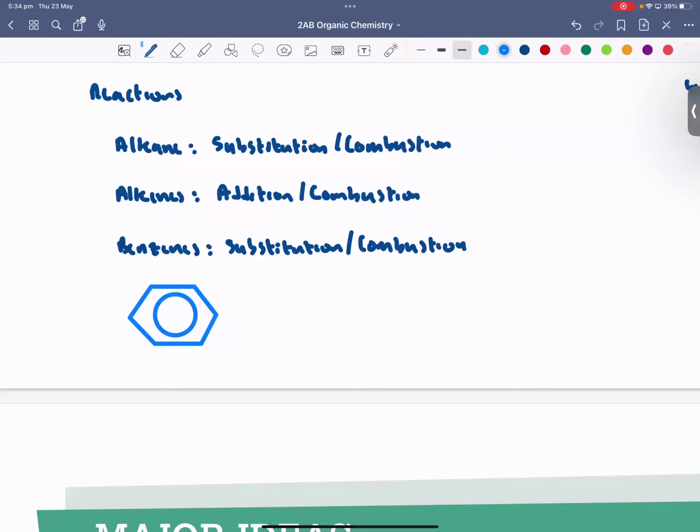What are these actually? Intermediate bonds. They're not single bonds, they're not double bonds, they're intermediate bonds. They're actually made of pi bonds and sigma bonds, in case it comes up in multi-choice. But the point is, they're not true double bonds, which means they don't undergo addition.